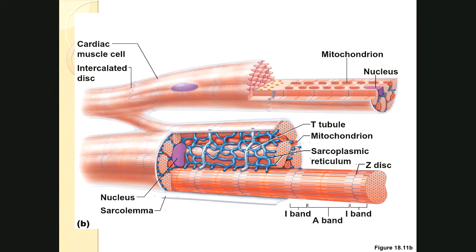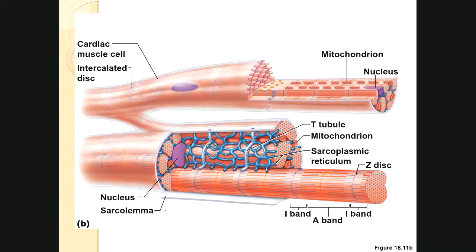And so just like we learned in skeletal muscle, we have I bands, A bands, H zone, M lines, Z lines. We have thick and thin filaments. And again, just like in skeletal muscle, these thick and thin filaments are going to slide past each other, and so we're going to get a contraction.